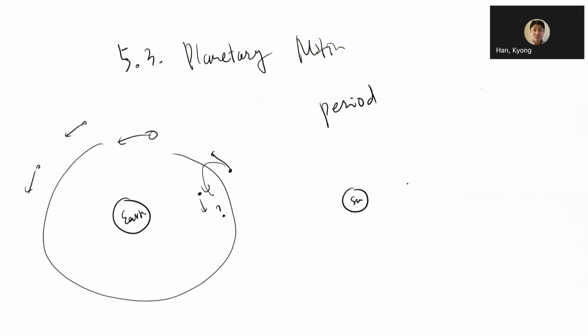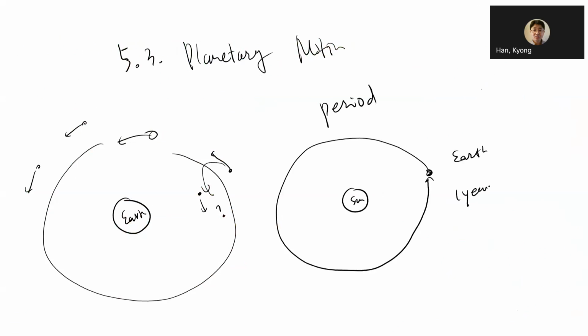For the Earth around the sun, one cycle takes 1 year, about 365.24 days as I remember. This is the period of the Earth.